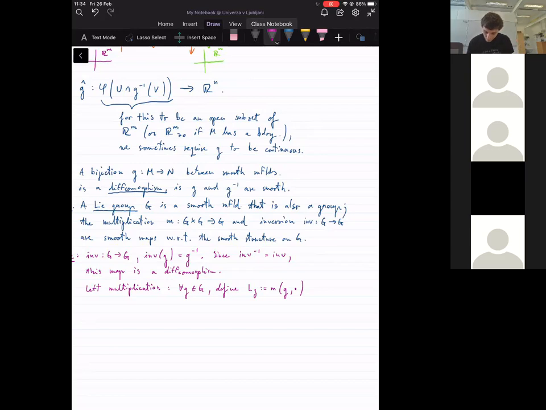Exactly. So this is also a diffeomorphism. We abbreviate diffeomorphism by diffeo, since L_{g^-1} is its inverse.